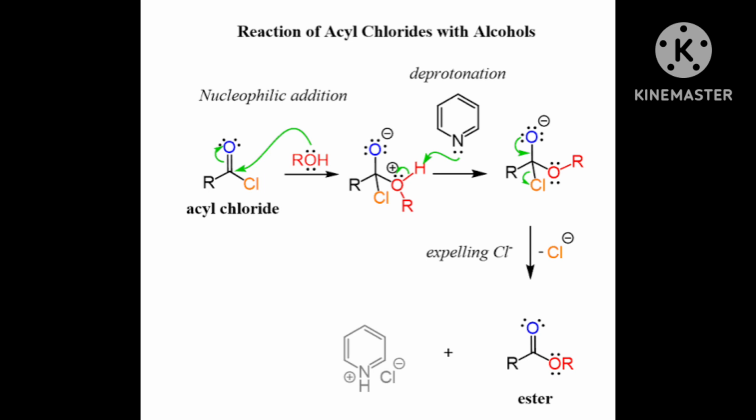Now again you can see two alkyl groups will be there, one from the alcohol side and one from the acetyl side, RCOCl. Then two alkyl groups, one carbon and two oxygens, because one oxygen is from RCO, and one is from the alcohol ROH.